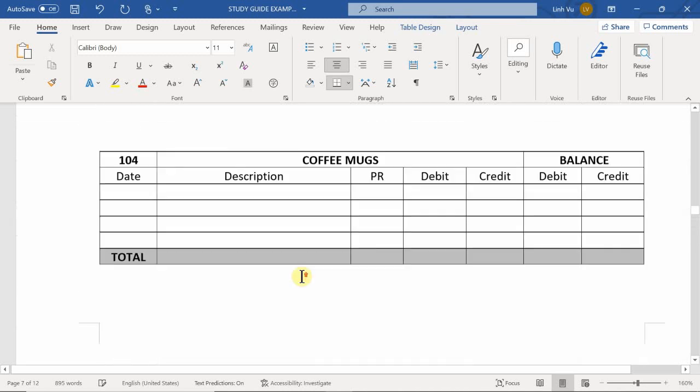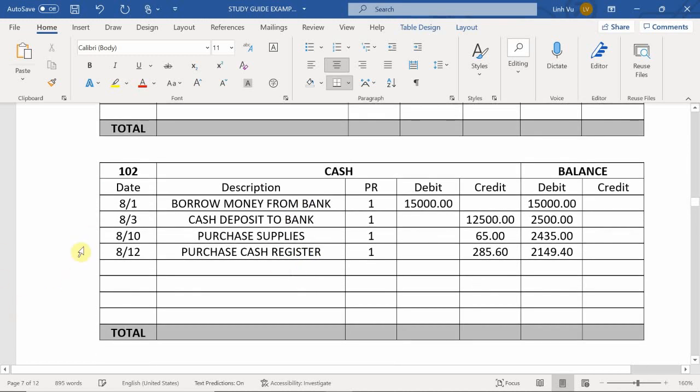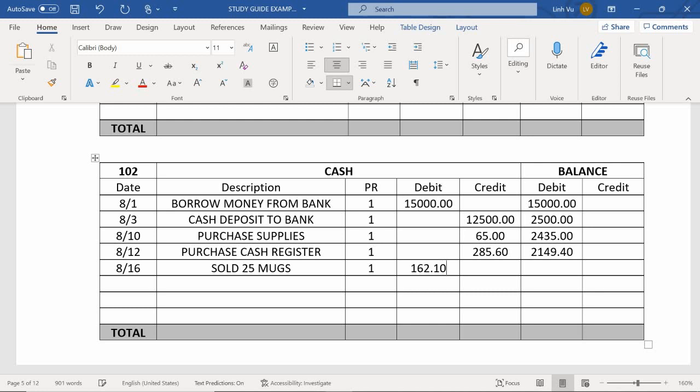So cash, we have, so we sold 25 mugs, page number 1, and we have the debit 162 and 10 cents.